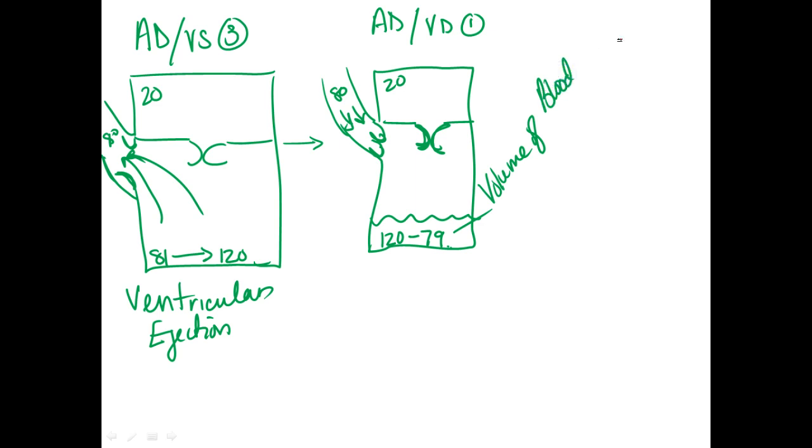And this volume of blood that is left over after ventricular contraction is referred to as your end systolic volume.